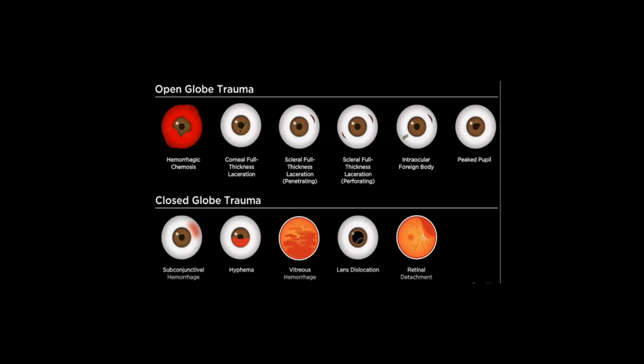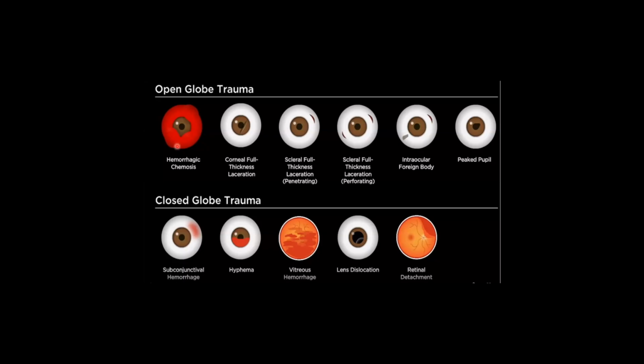Right, someone mentioned posterior scleral tear. Once you have 360 degrees hemorrhagic chemosis in someone with ocular trauma, there should be strong suspicion for globe rupture, and so this is a patient where you have to do exploration of the eye under general anesthesia.